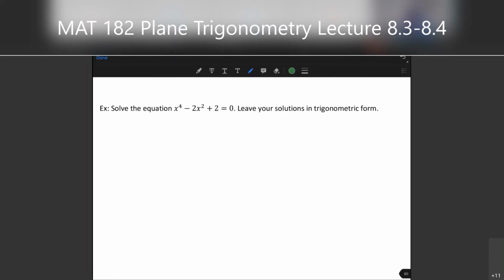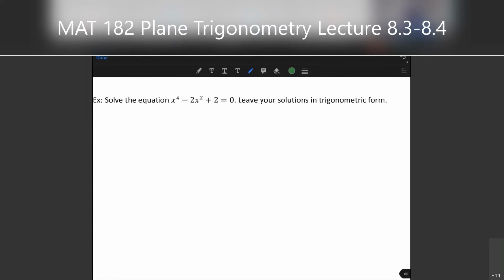So let's consider how we would work this equation here. This is just going to be an equation that involves some complex solutions. One thing we see here is this is kind of in a quadratic form, but we do have an x to the fourth and an x squared.